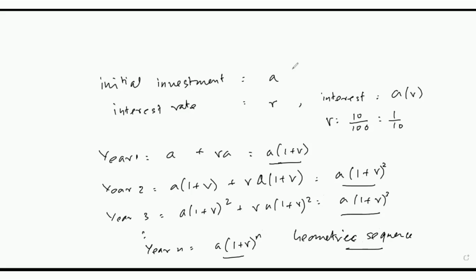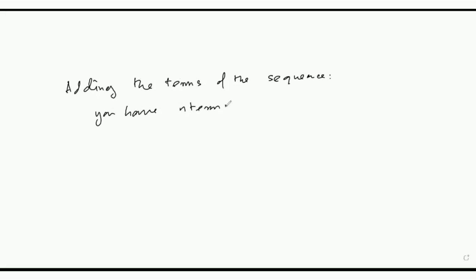Okay, now we want to move on to adding the terms of the sequence. So what do I mean by that? Let's say you have n terms of a sequence, from A, AR, AR squared, and then the last term will be AR to the power n minus 1, because you have n terms and the power goes as 1 less.